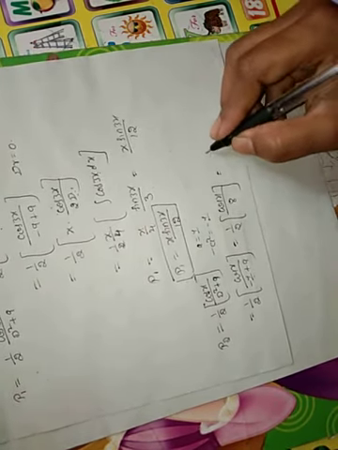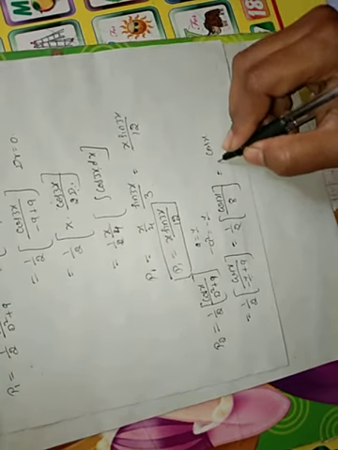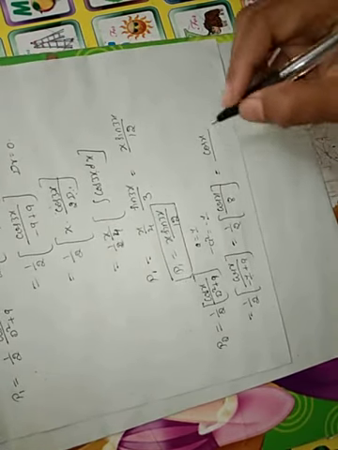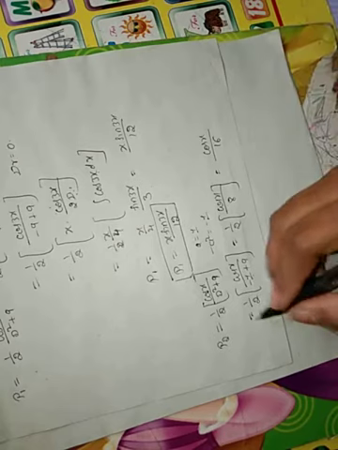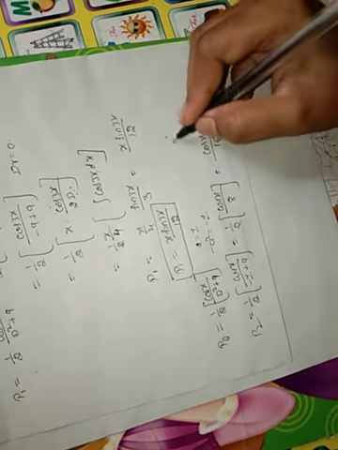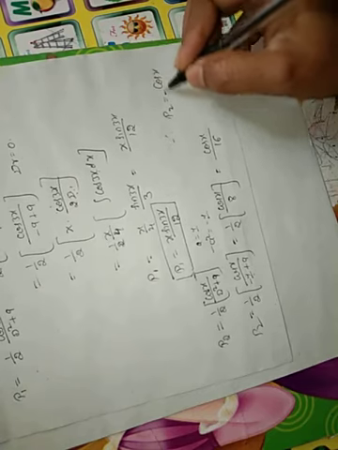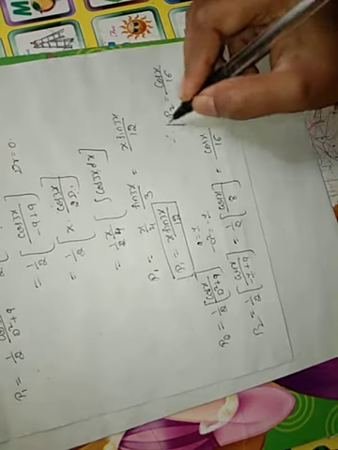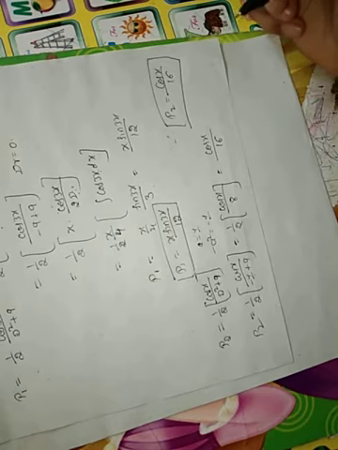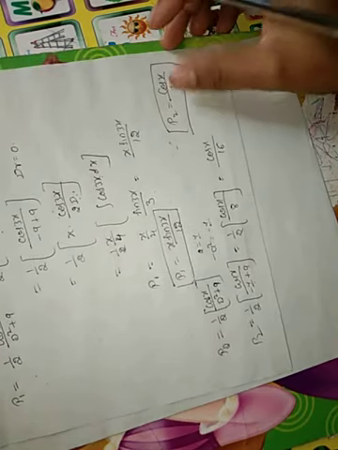So that is equal to cos x divided by 8 into 2, 16. So therefore P2 is equal to cos x divided by 16. So that is the solution of P2.